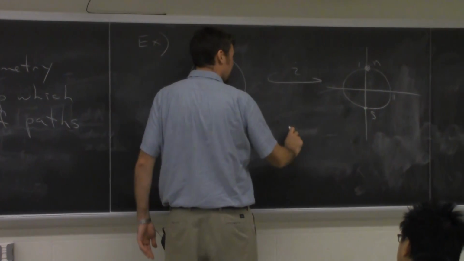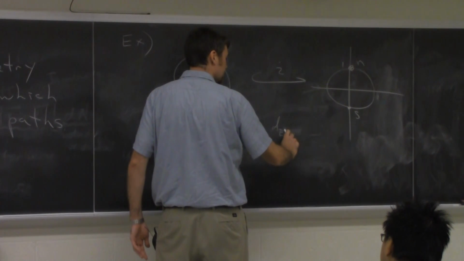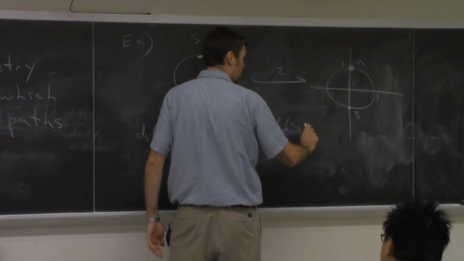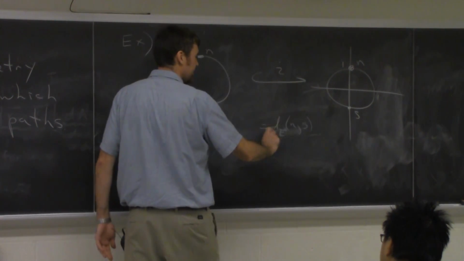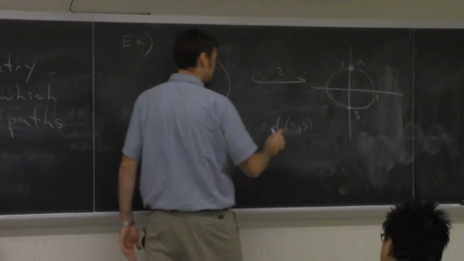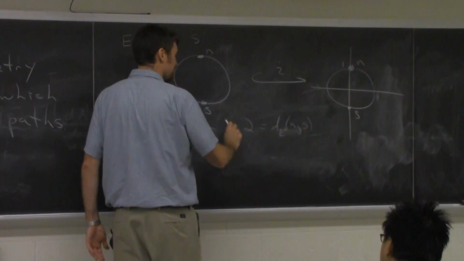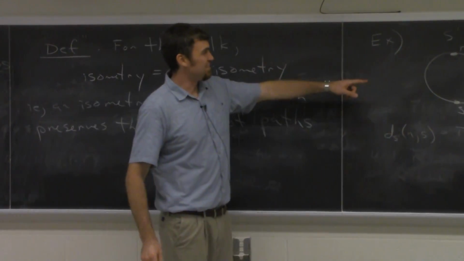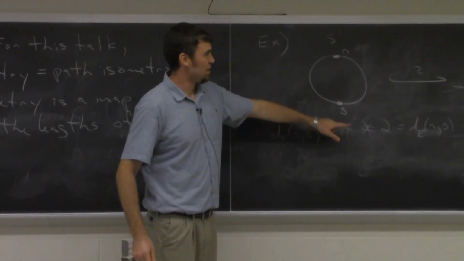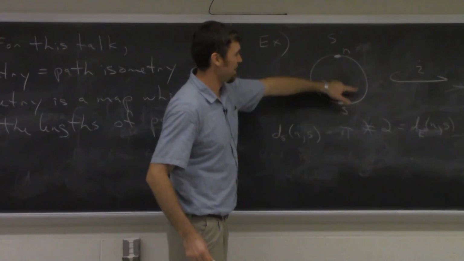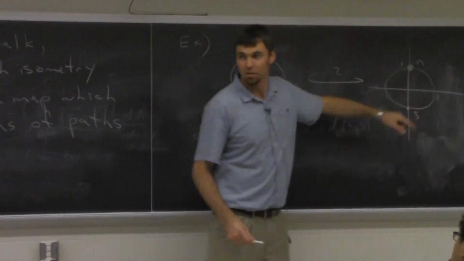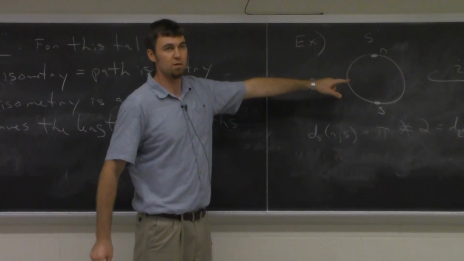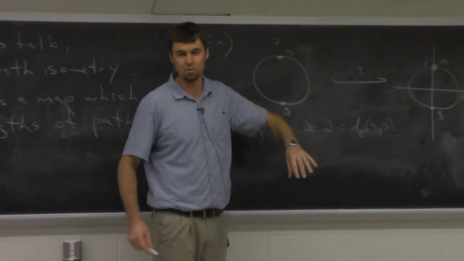But of course, if you look at the distance in the plane between iota of N and iota of S, the shortest distance is 2. And rumor has it, those aren't the same. So this is not a metric isometry, but it is a path isometry. By definition, it preserves the length of every path, and so this is an isometry in this talk. This is exactly an isometric embedding.